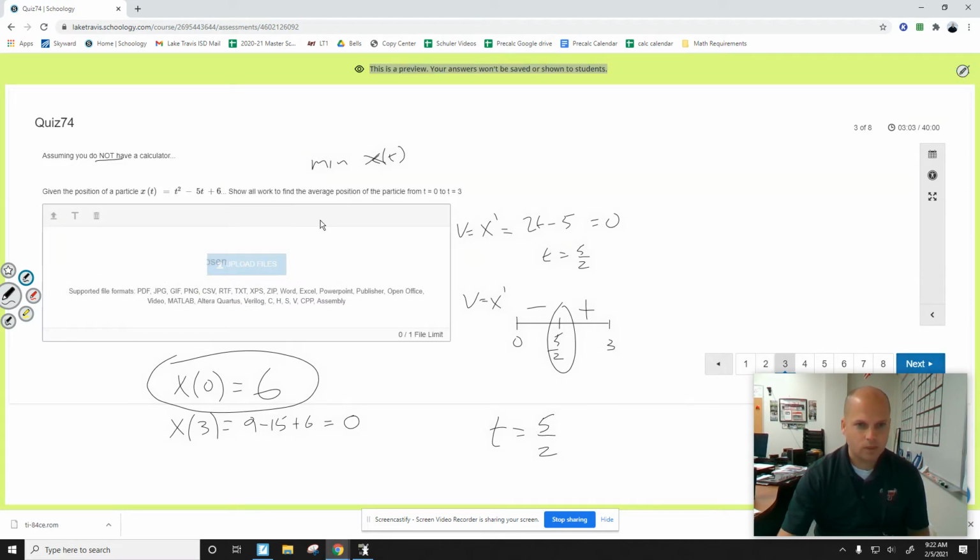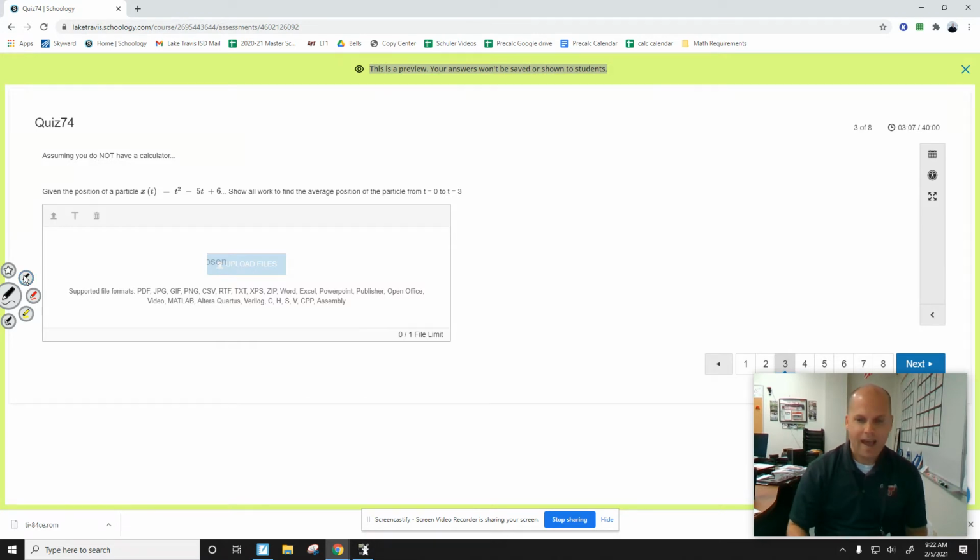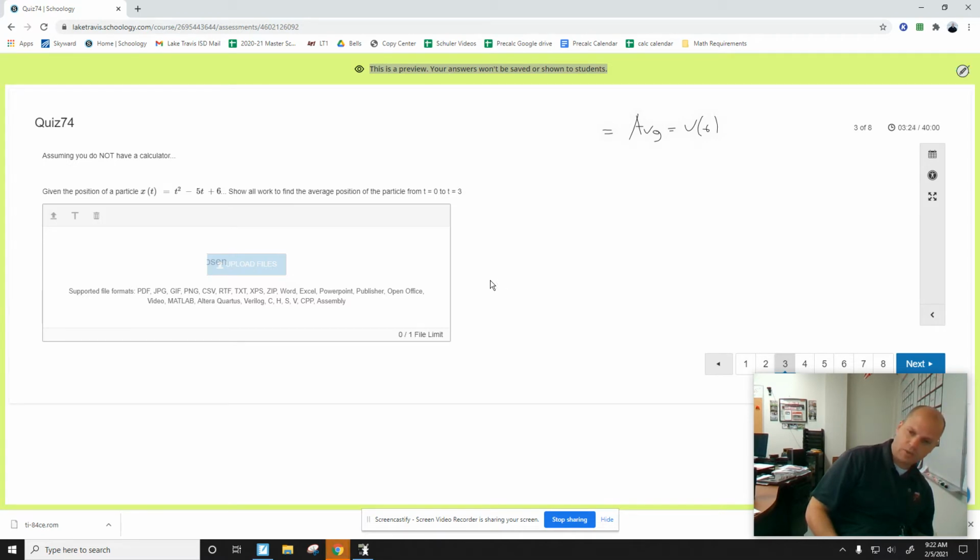Next question. Let's find the average position. Average is not like the average you think, okay? I like to explain this starting with average velocity. We know slopes of position give us velocity, and average velocity is the change in position over the change in time.